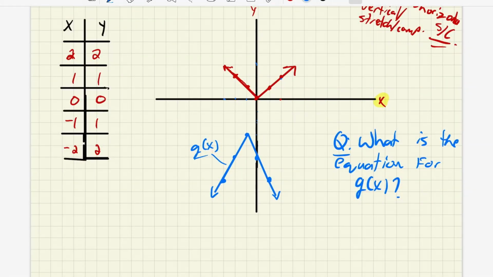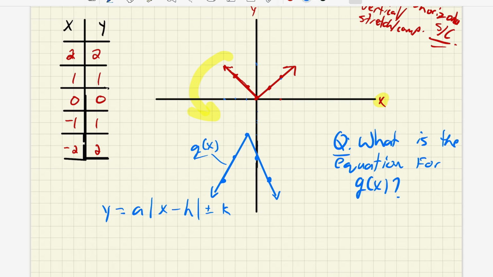So the first thing we're going to do is write down as much as we can. Remember that this is the transformation algorithm here, plus or minus k. And we could see a couple of things. First of all, there is a reflection over the x-axis.